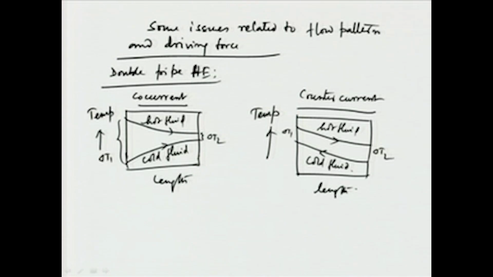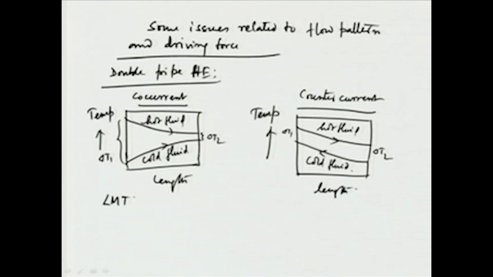For both parallel flow and counter flow, the driving force is given by LMTD, the log mean temperature difference, which is delta T1 minus delta T2 by ln of delta T1 by delta T2. This is the driving force.